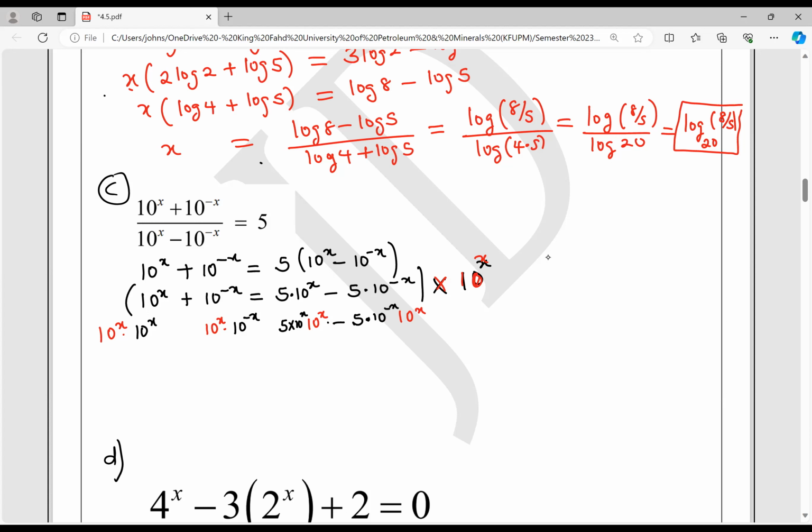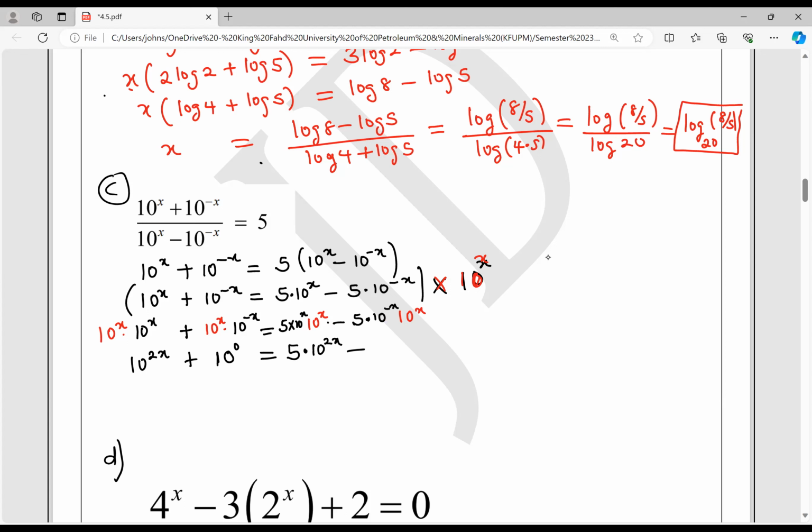If you look carefully, this side will just become 10 to power, you can add x and x, plus, this one will just become 1 because you have 10 to power 0. Then equal to, here will become 10 to the power 2x.